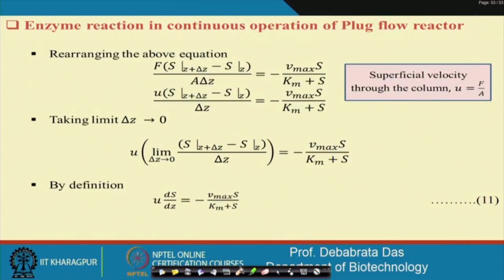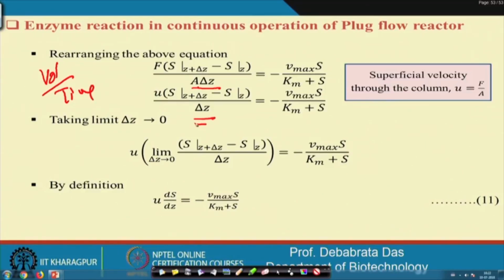Now, here you see that this is F into S at Z plus del Z, and this is the volume A into del Z. Now, what is happening here? This is a flow rate. Flow rate is what? Volume per unit time. Am I right?